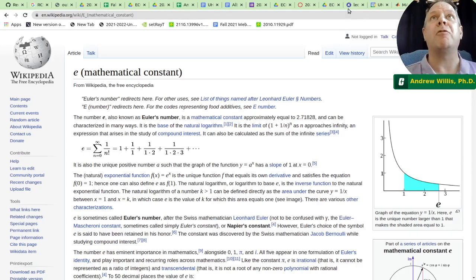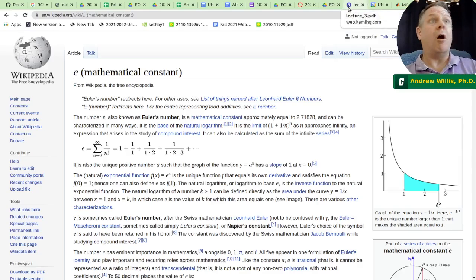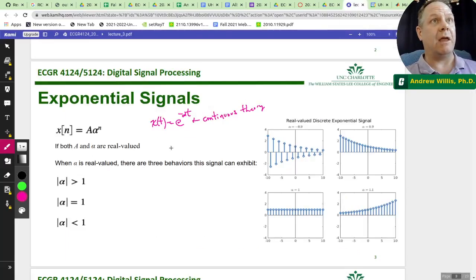That's where the number comes from, and it arises all over the place in nature. In fact, every single differential equation you've calculated a solution for, well, except for undamped oscillating systems, has this number in it.